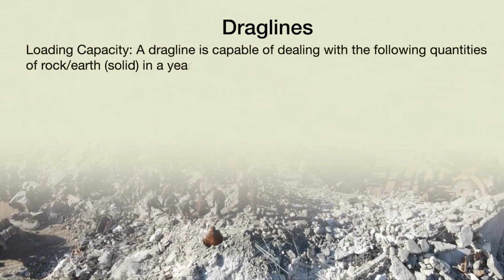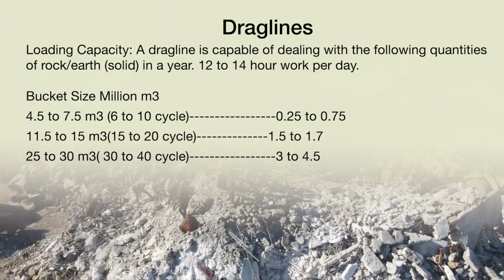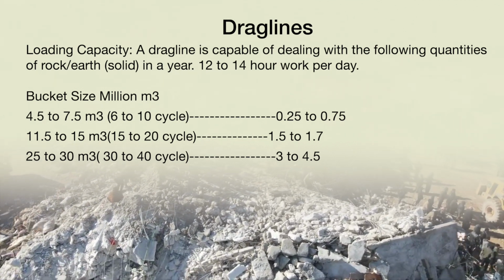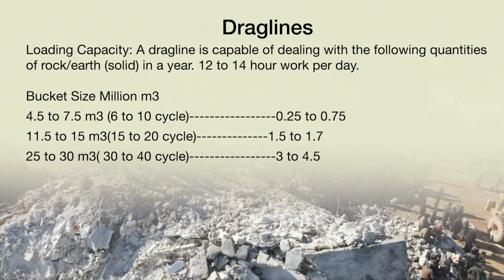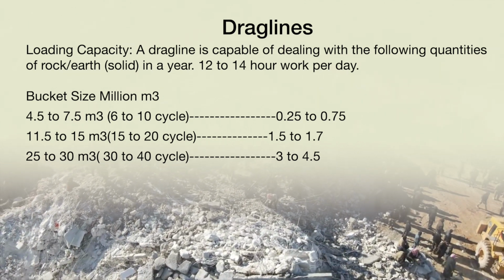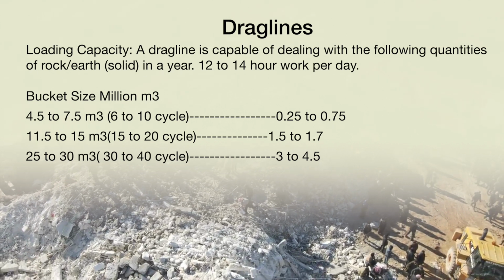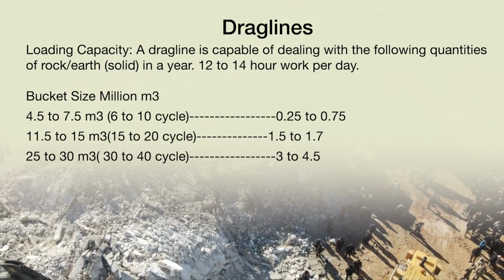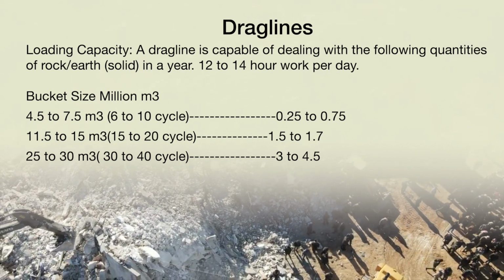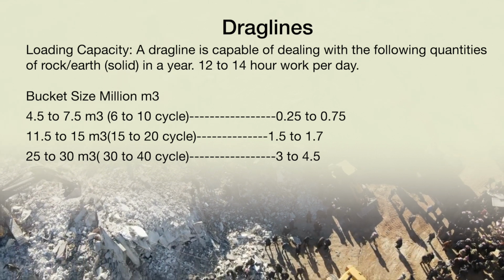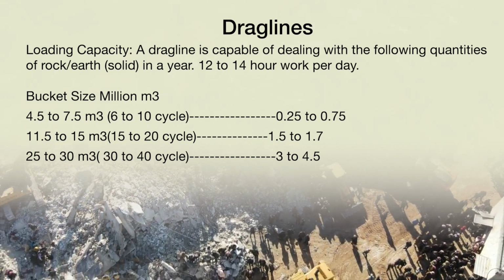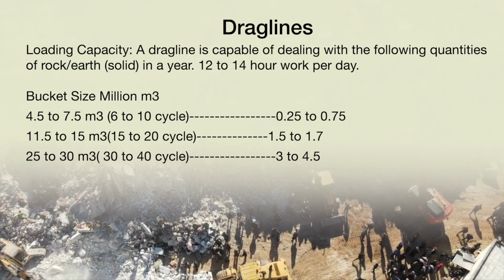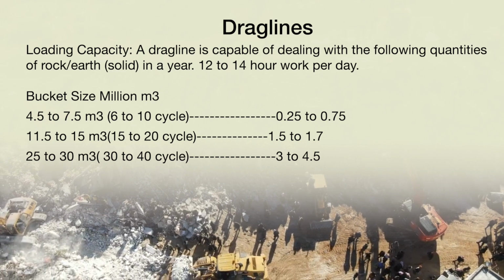Loading capacity. A dragline is capable of dealing with the following quantities of rock, earth, and solid in a year, at 12 to 14 hours work per day. Bucket size in cubic meters: 4.5 to 7.5 cubic meters means 6 to 10 cycles, 0.25 to 0.75 million.